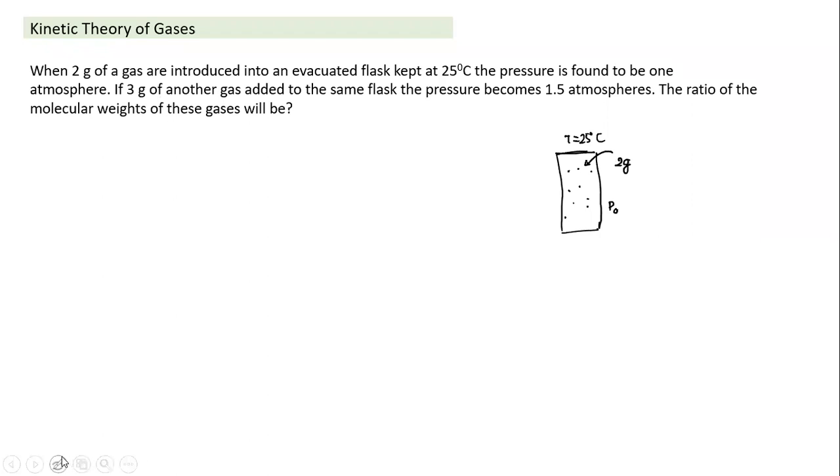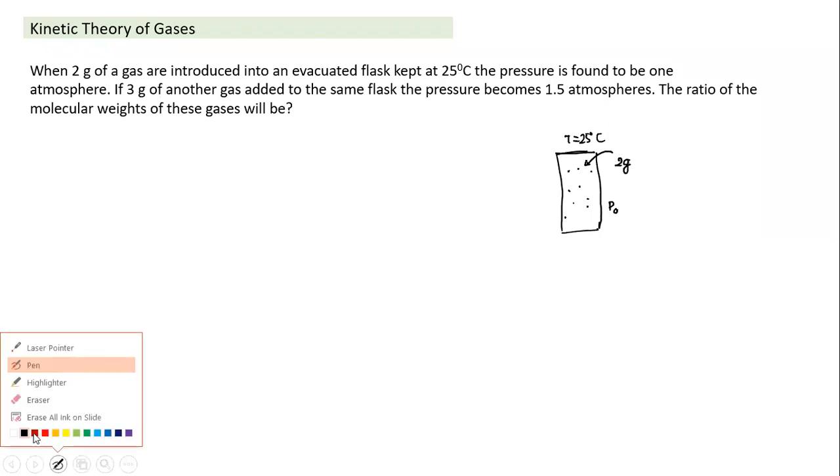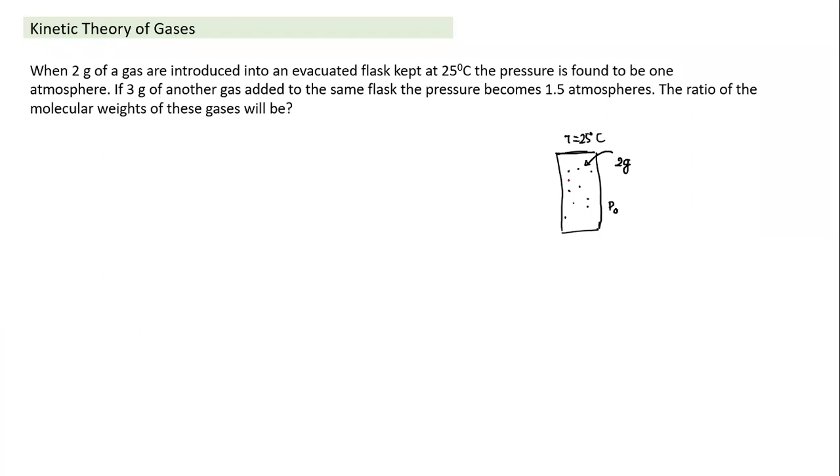Why has the pressure changed? Earlier there were molecules of the first gas, now we introduce some more molecules of another gas. Now there are black molecules as well as red molecules, and the pressure created by each gas is independent of the other. The presence of other molecules does not change the rate of collision of the first gas.